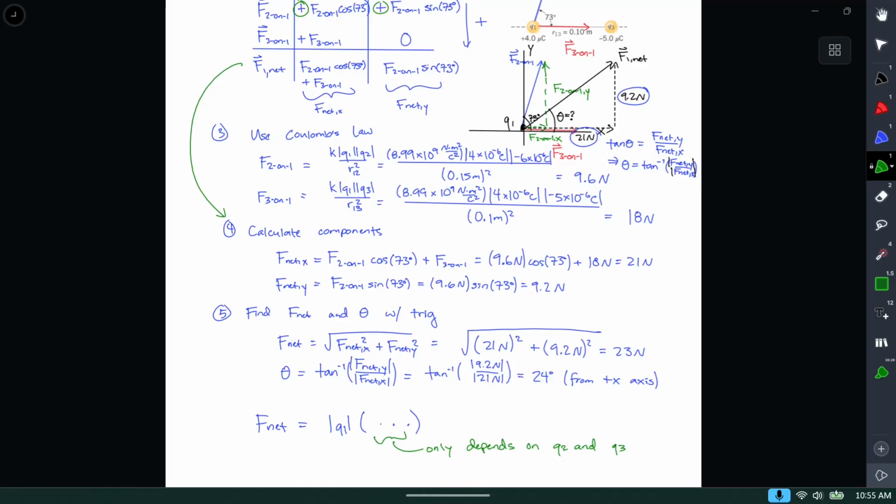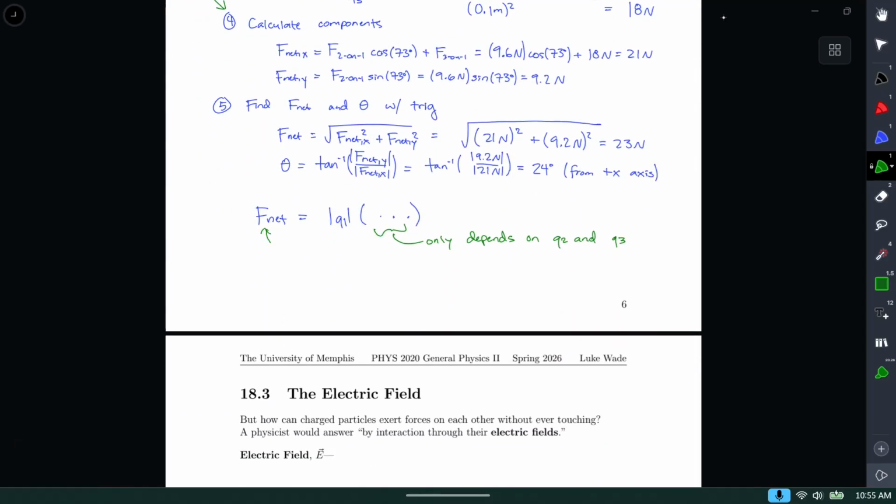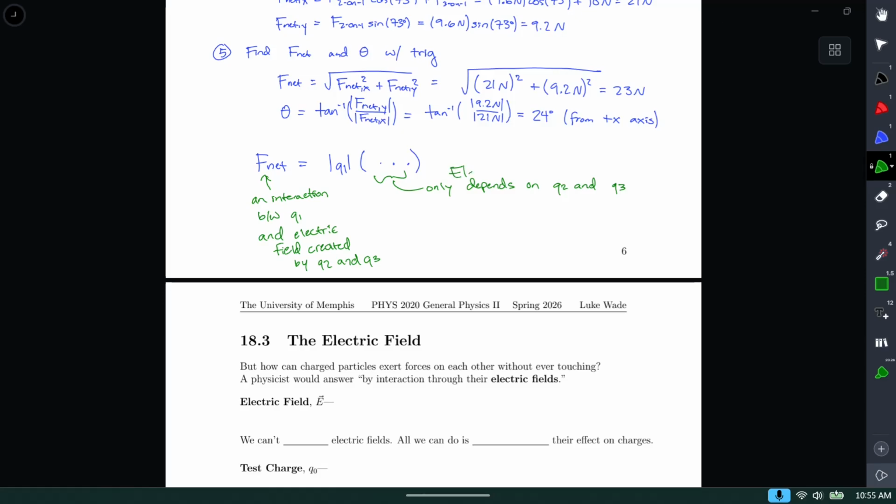In that context, forces are this interaction between some object, an interaction between Q1 and this other thing that's in parentheses, which we're going to call the electric field, created by Q2 and Q3. That's this thing over on the right.